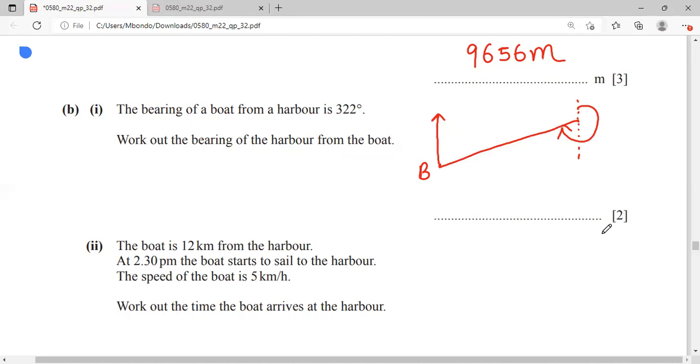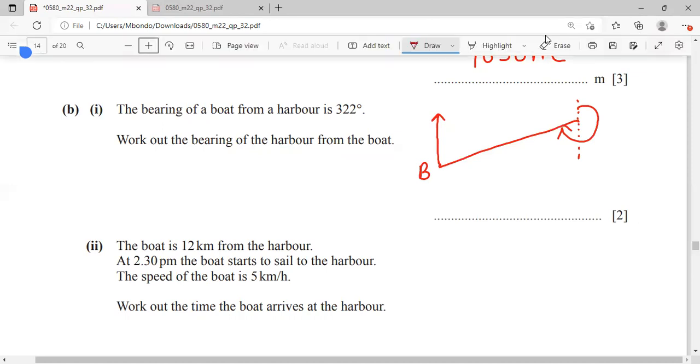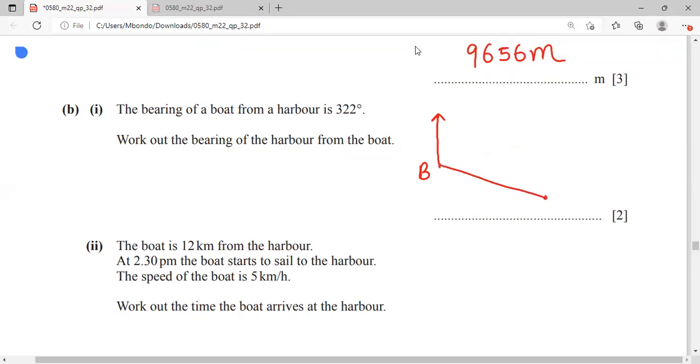Now I think it will make sense if we write it in this manner, because this angle could be smaller than that. So let it be like this here. The bearing of the boat from a harbor, which is this one, is 322.